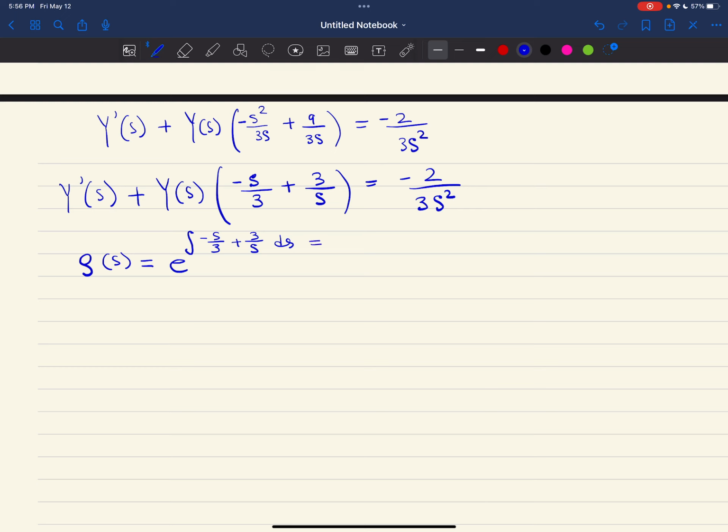You should know by now that if you integrate negative s over 3, you would get negative s squared divided by 6. If you multiply 2 times 3, that will give you 6, right? Plus 1 over s is just ln of s, so it will be 3 times ln of s. We don't care about the absolute value here.